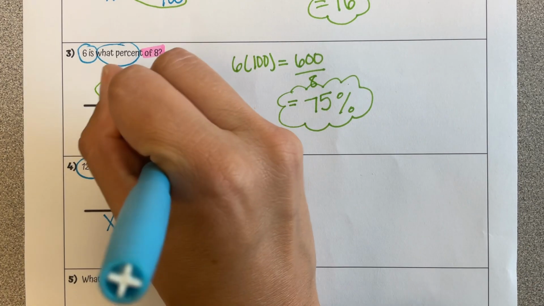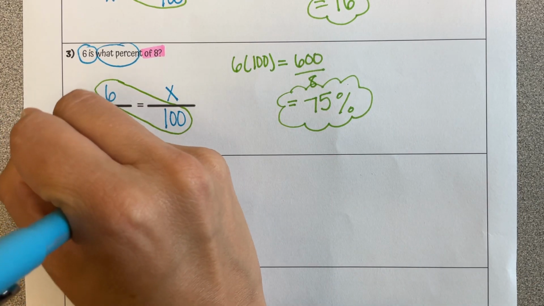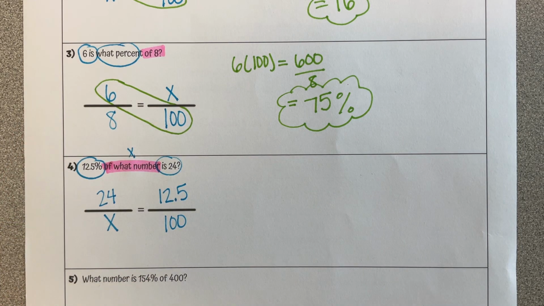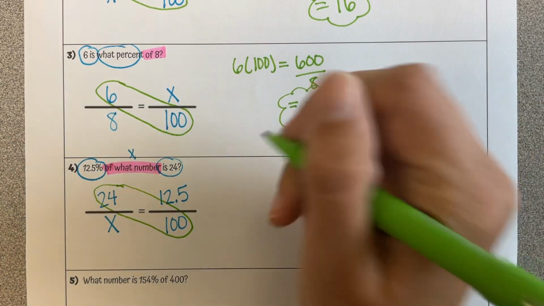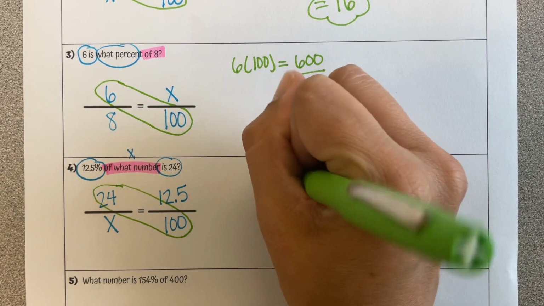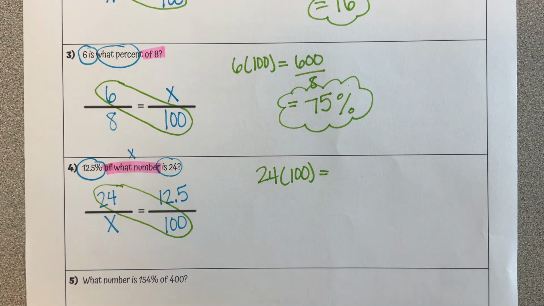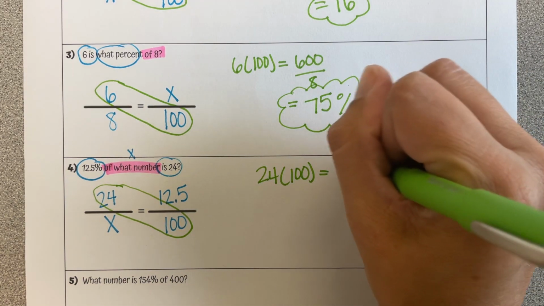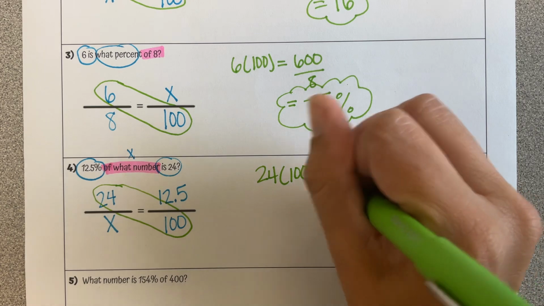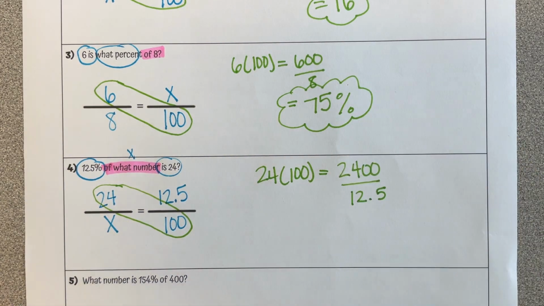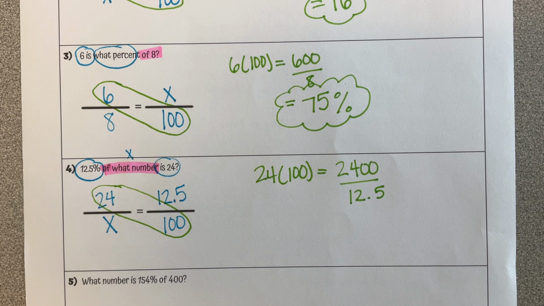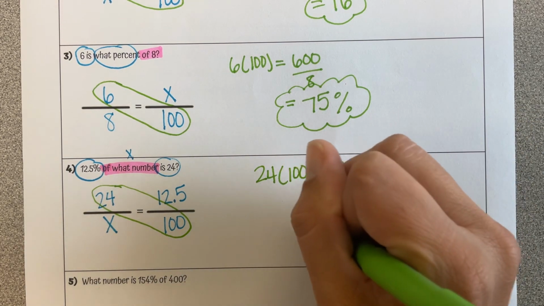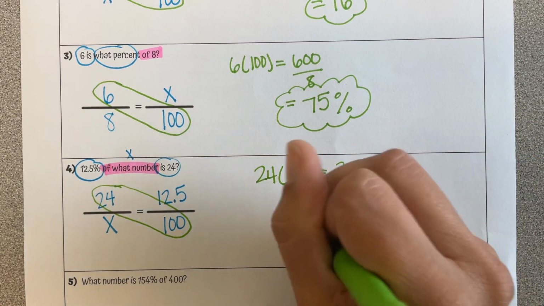And then what's left over is 24, the part. So let's go ahead and solve. Our two numbers that are in the same diagonal right here, we're going to multiply 24 times 100, which equals 2,400. And then we're going to divide by our other number of 12.5, and we get 192.